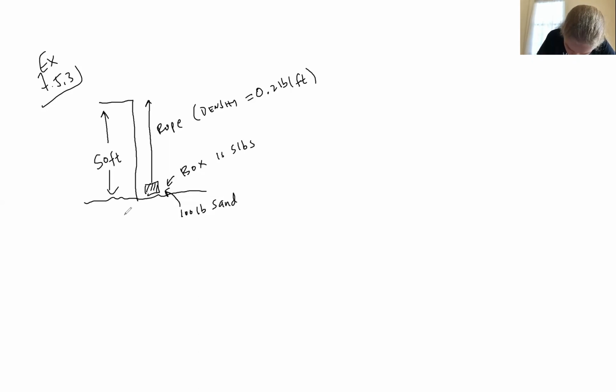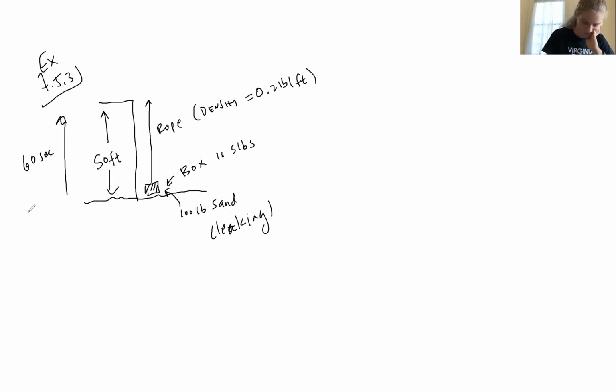Oh, great. So what ends up happening is the sand is leaking out at a rate so that by the time you get it up to the top, and again, you figure out the leak rate here, it takes you 60 seconds to get the box and everything up to the top.